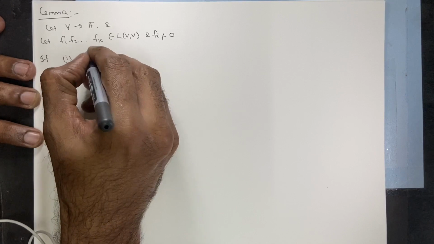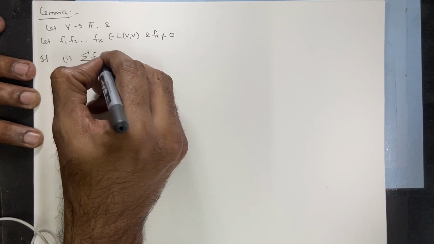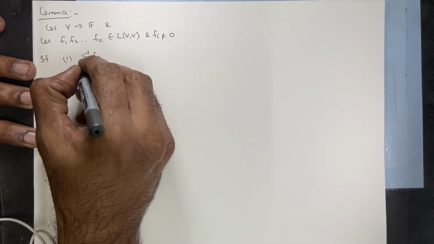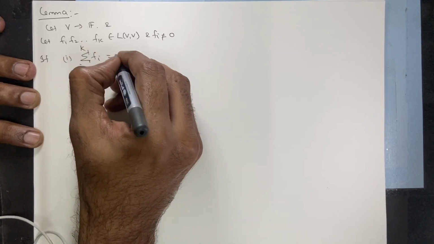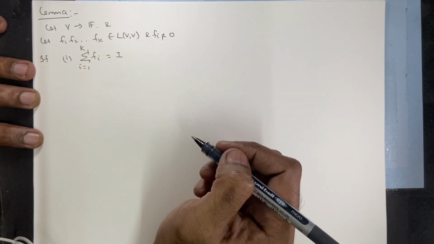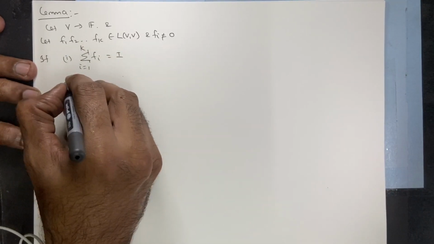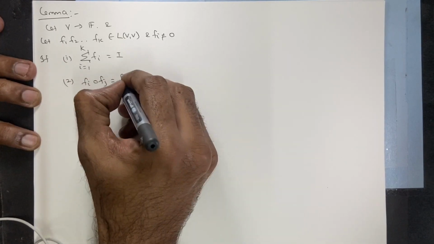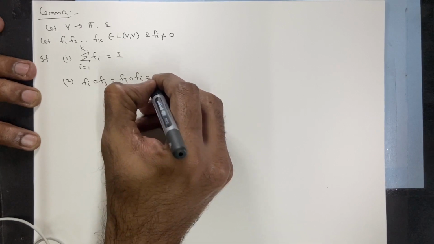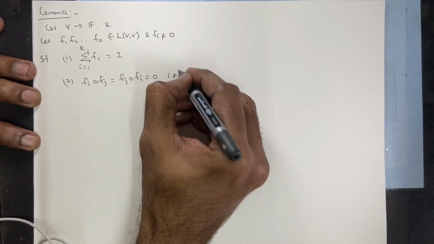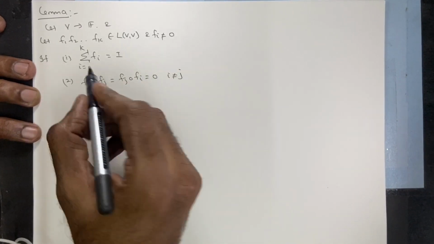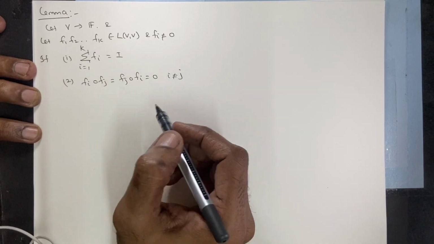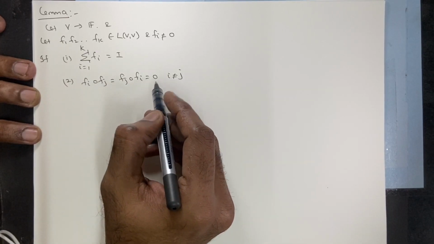If these k linear maps add up to the identity, that is, the sum from i equals 1 to k of Fi is I, the multiplicative identity of L(V, V), and the second condition, Fi composition Fj is equal to Fj composition Fi is equal to 0 for i not equal to j. So if you take two different linear maps from here, they commute and their composition equals 0.